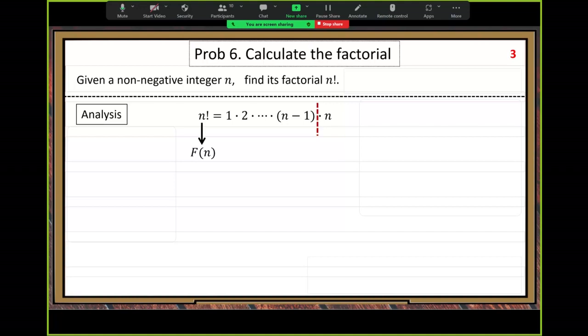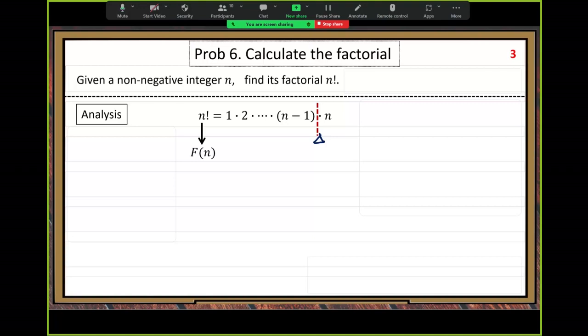When we do the divide step here, we divide along this line. That means we cut off the last element. We have n elements as our data, but we divide our data into two parts.